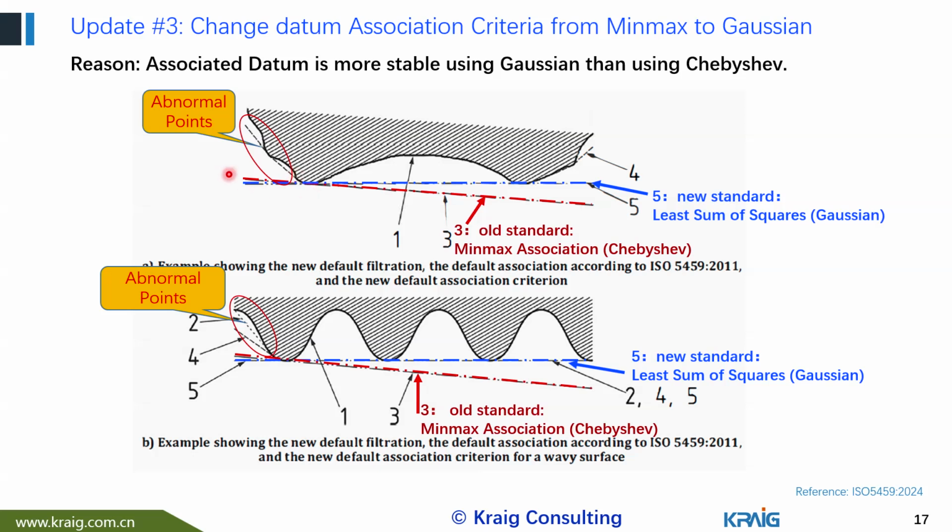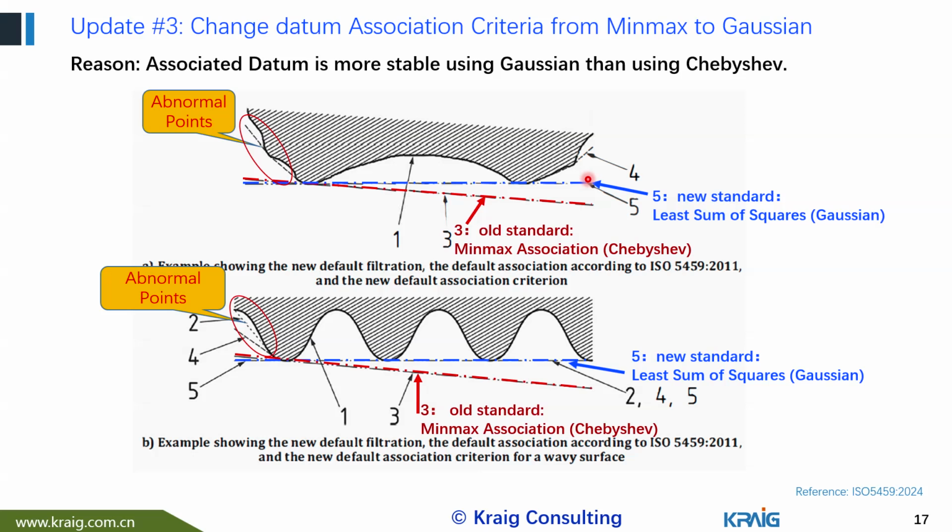In that case, you will get another associated or best fit line here. This is the red one, and this red one is min-max. So it's different. And this one is the old standard. The old standard uses Chebyshev. The new standard we are going to use the Gaussian.